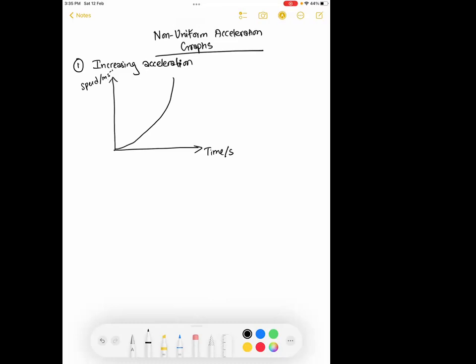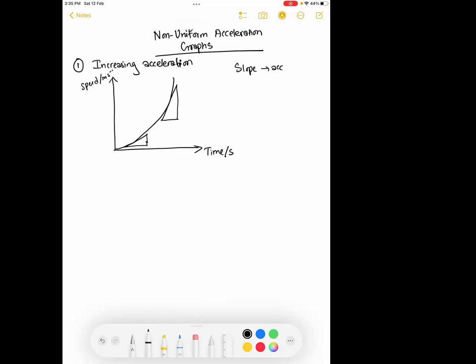Why? Let's look at it. I already told you the slope of a speed time graph gives you the acceleration, right? So if you draw a line over here and try to find the slope at this point, and then you draw a line over here and find the slope, you'll see that the gradient is actually changing.